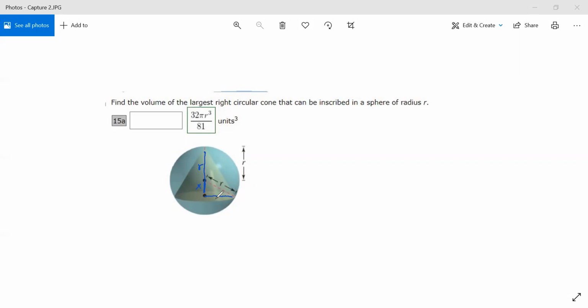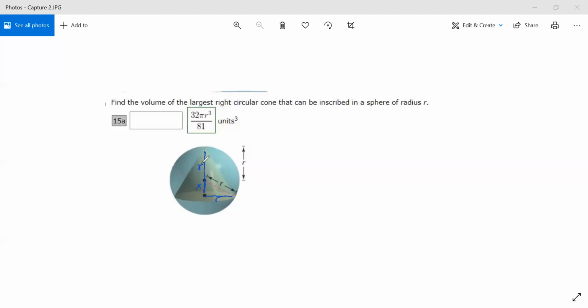Okay, and then what I will do now is, the radius of the sphere is going to be... the radius of the cone is r, like this is r, and maybe I should call this one differently.